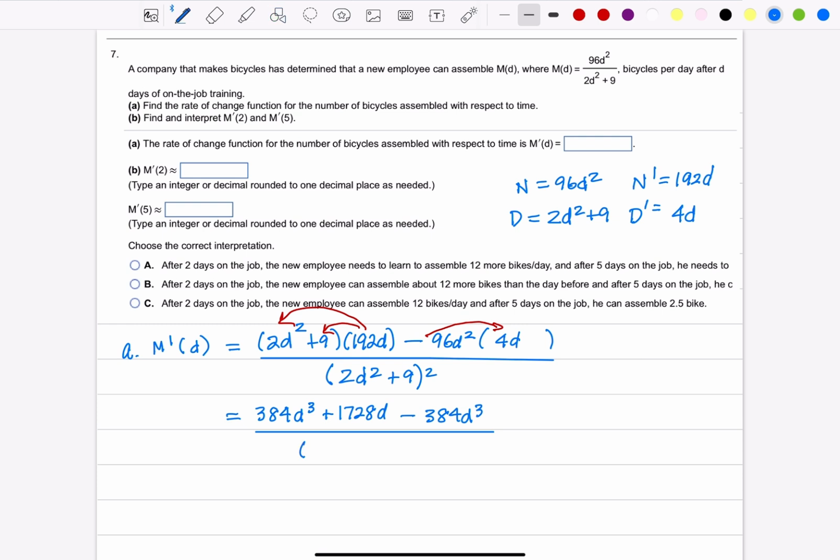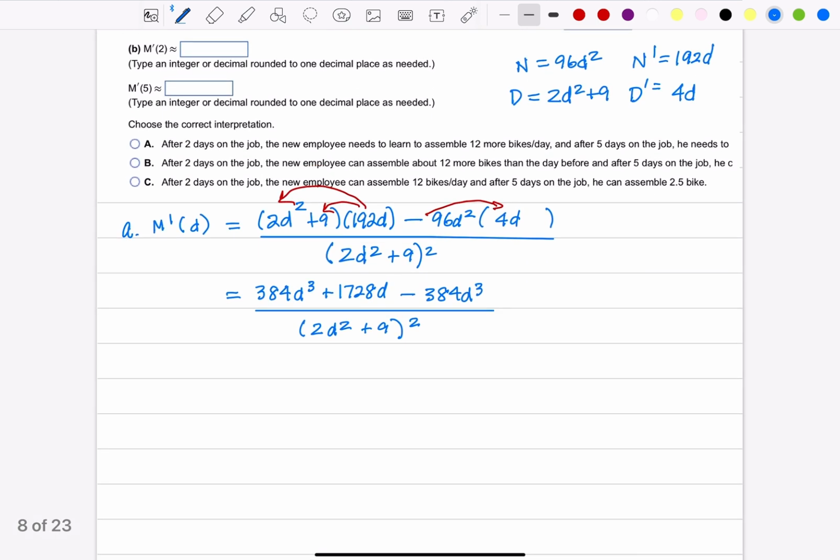We're just going to go ahead and do a substitution of a 2 in there in just a minute. It wouldn't be any simpler if you multiplied it out, so just leave that. Now notice that these two terms are just alike. One's a positive, one's a negative. They will add to 0. So I've got 1728D over 2D squared plus 9 all squared.